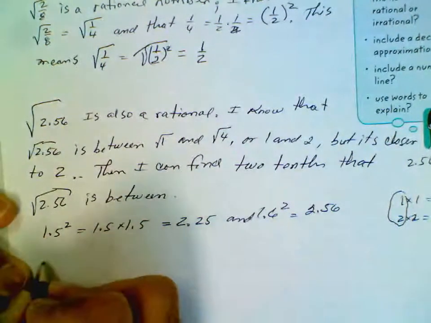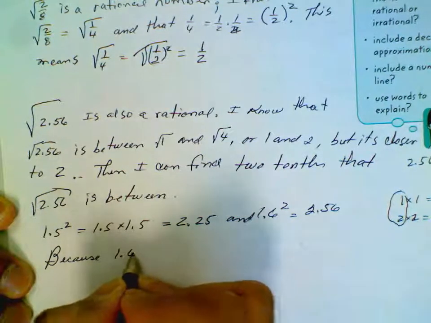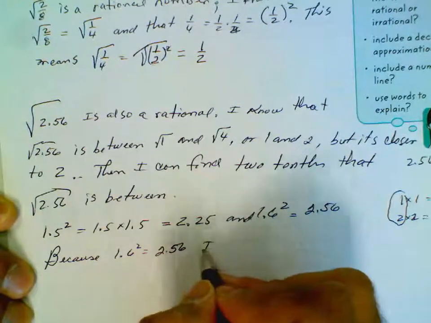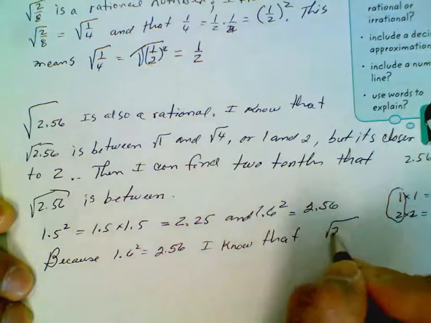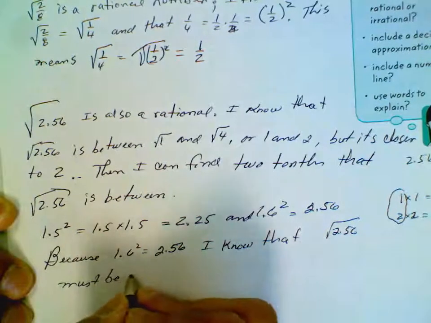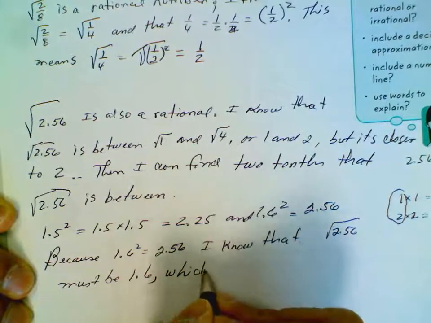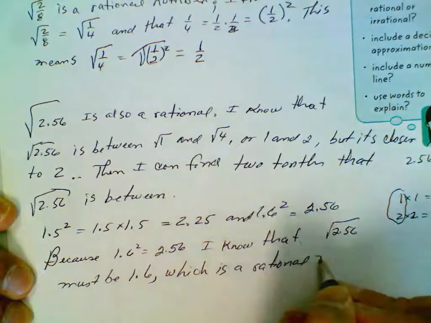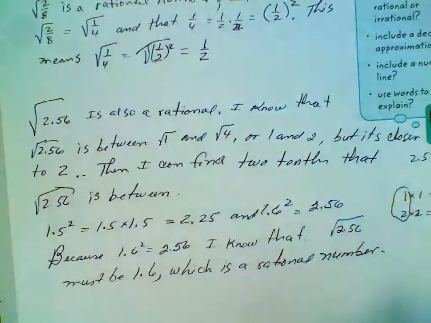So in this case, I'm ready to close because 1.6 squared equals 2.56. I know that the square root of 2.56 must be 1.6, which is a rational number, and that will be your solution.